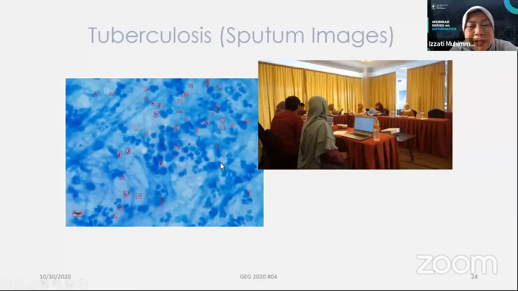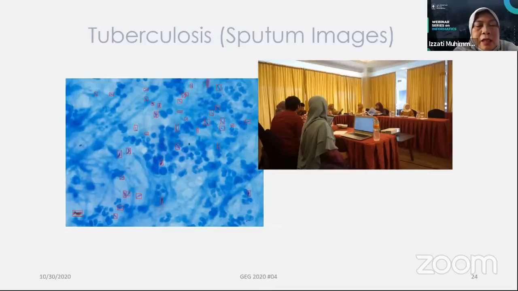Finding red on blue is not that easy, so we developed an algorithm for that. We asked the pathologists to do the manual annotation, and we compare and learn from the annotation in terms of its features.